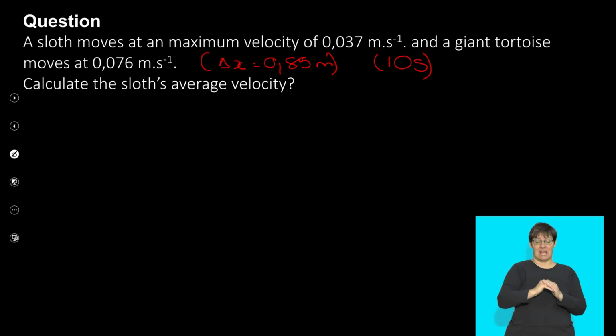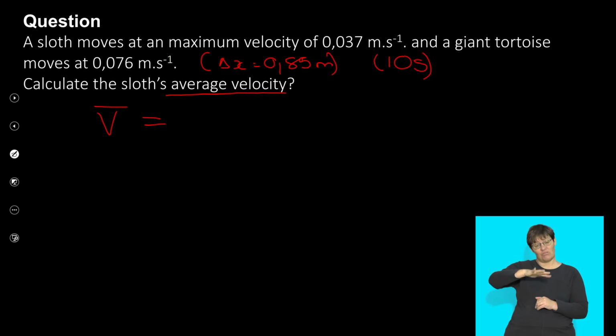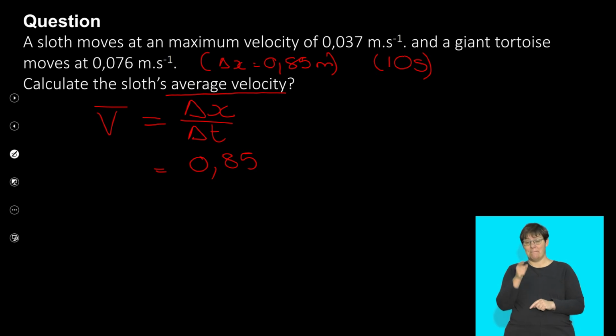Now they want the sloth's average velocity, and we remember that average velocity is change in displacement or distance over time. So the sloth takes 0,85 meters to get to that maximum velocity, and it takes it 10 seconds, okay?